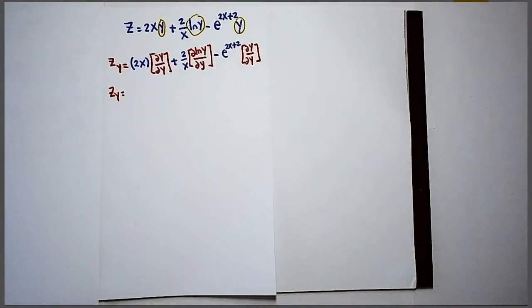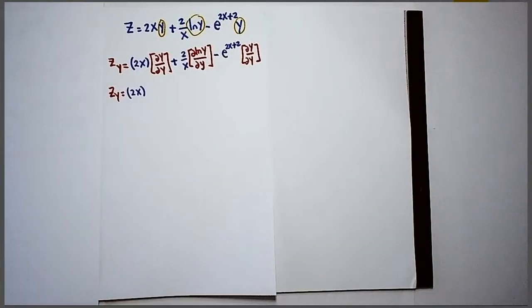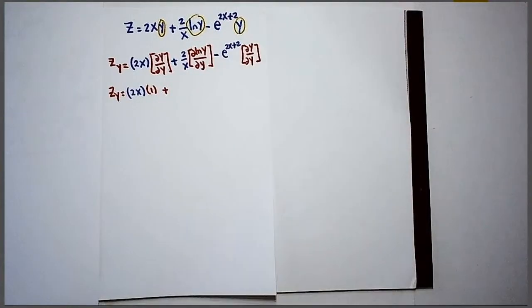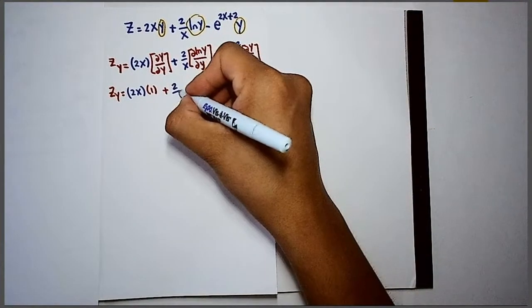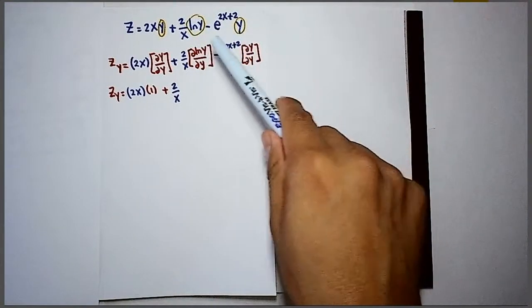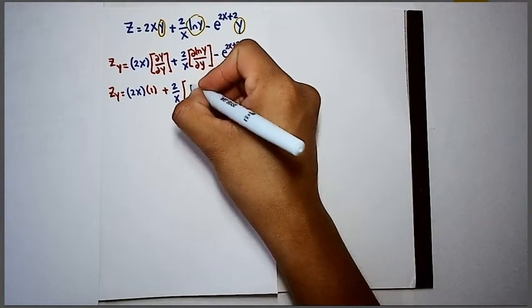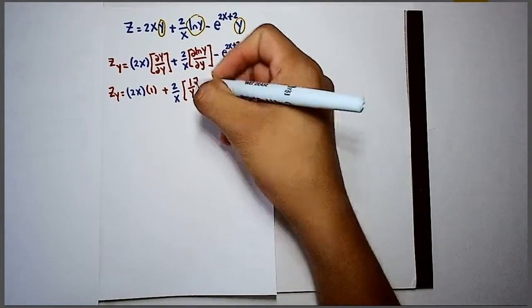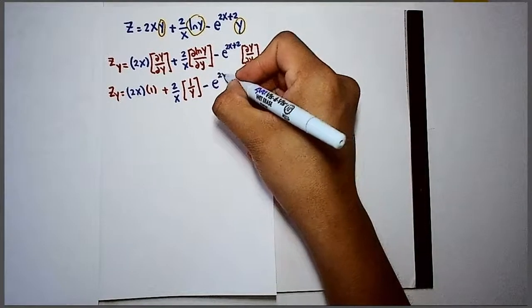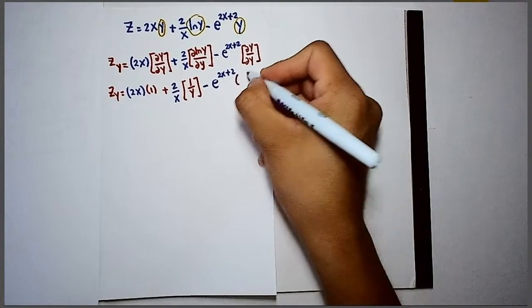So this is 2x times 1 plus 2 over x. Remember that the derivative of log of y is simply 1 over y, minus e to the 2x plus 2 times 1.